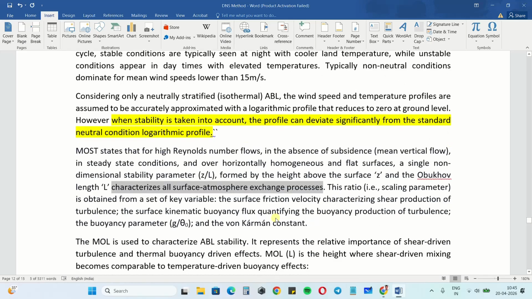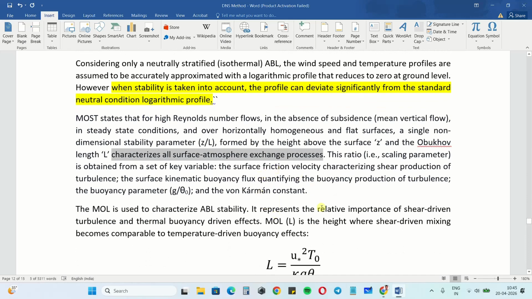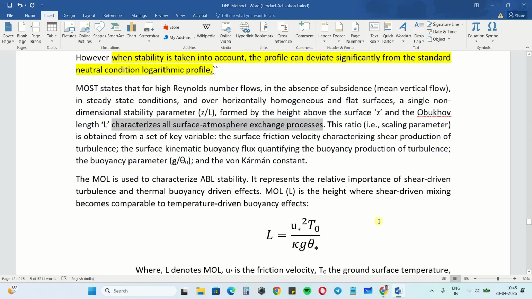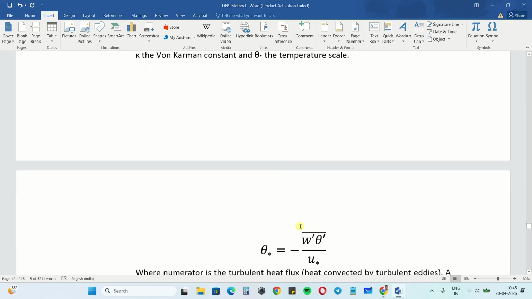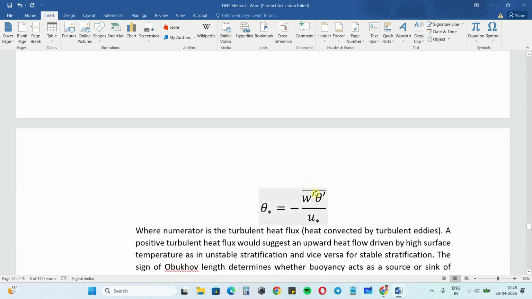Okay, so that's the basic idea, and a parameter which is the Obukhov length is derived based on similarity, and it basically quantifies the relative strength between shear driven mixing and buoyancy driven mixing. So in the numerator you have velocity square, which is representative of shear driven mixing, and in the denominator you have theta star, which is a function of the turbulent heat flux.